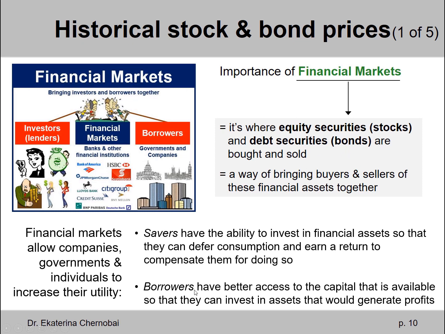On the other side, we have borrowers, those who need money. In this chapter, we are talking about companies that need money, for example, to expand. So how do companies raise money? They can sell bonds. Technically, by borrowers, we also mean raising money by selling stocks.